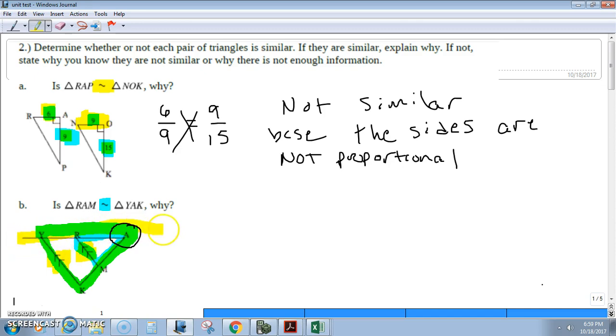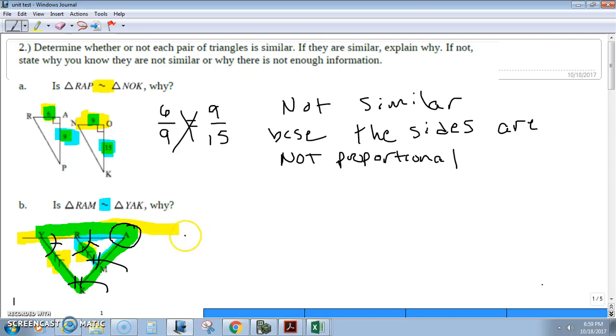Since those lines are parallel, we know that angle Y here and angle R are the same. We also know that angle M and angle K are the same, but we only needed to know one of those sets. These two are different measure. But as long as two triangles have at least two angles in common, we know the third one has to be the same.